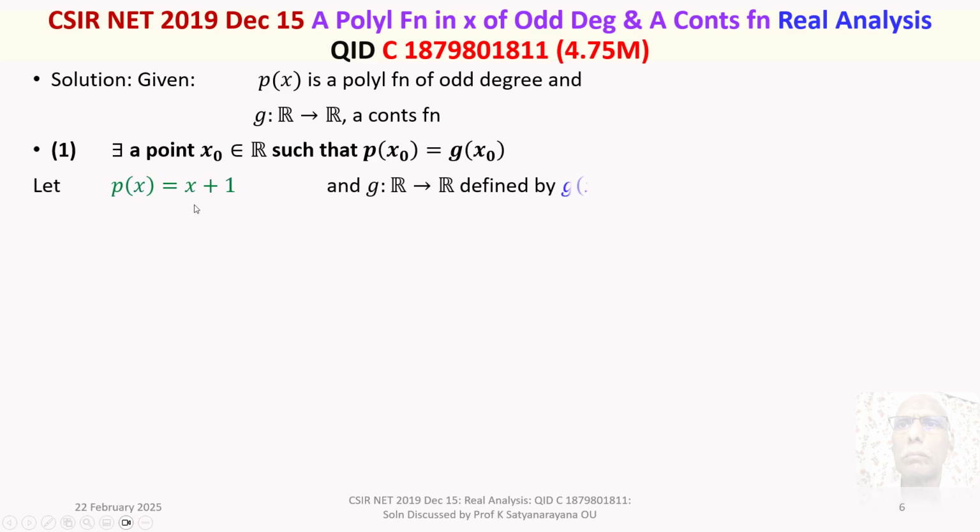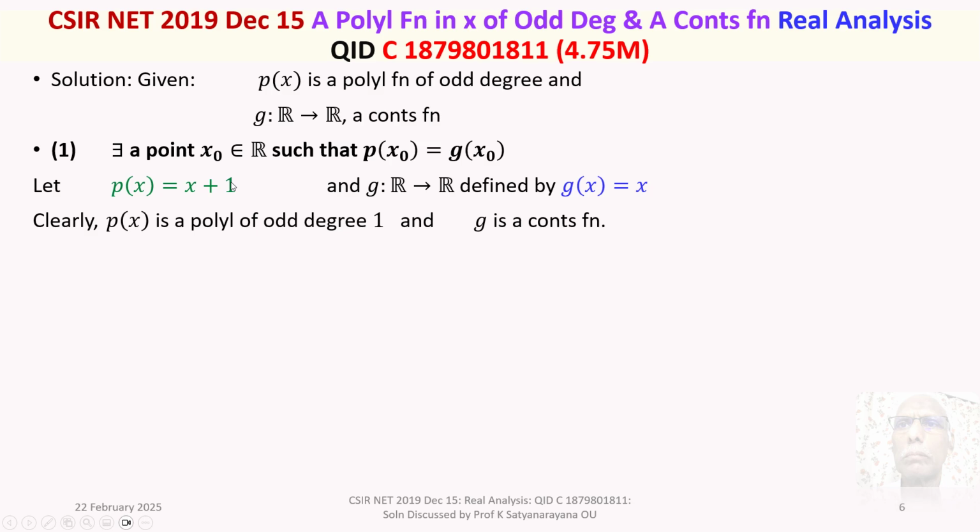Let p of x is equal to x plus 1, which is a straight line, and g from R to R defined by g of x is equal to x. It's again a straight line. Clearly, p of x is a polynomial of odd degree 1. And g of x is equal to x is the identity function, which is always continuous.